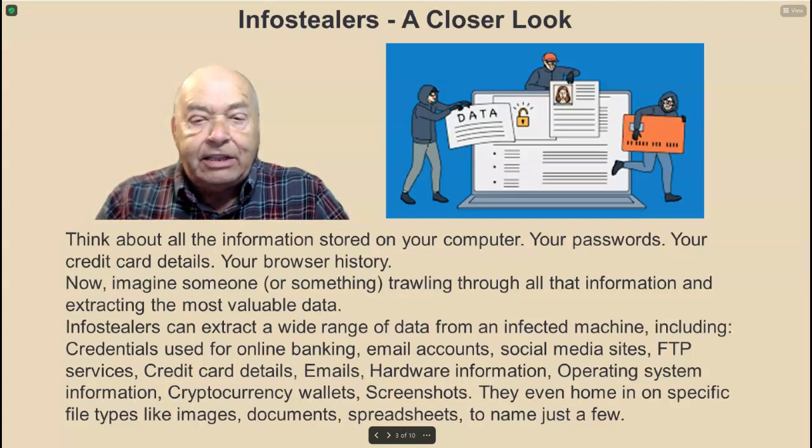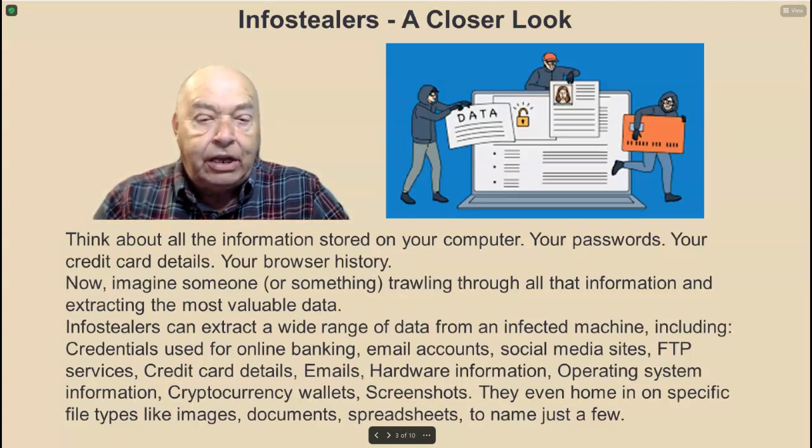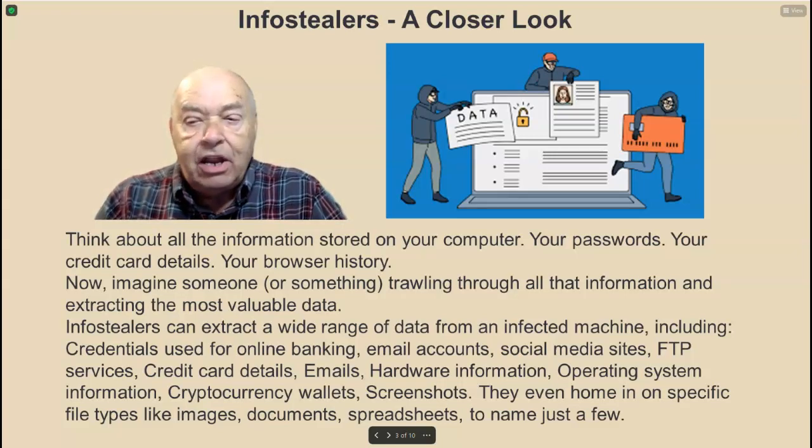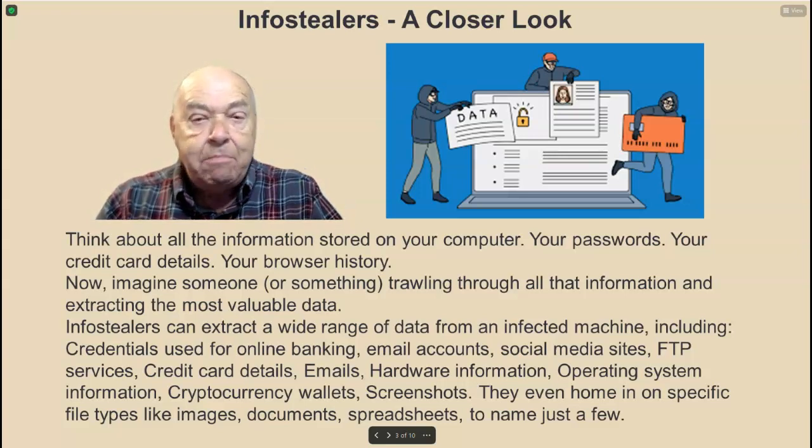Infostealers can extract a wide range of data from an infected machine, including credentials used for online banking, email accounts, social media sites, FTP services, credit card details, emails, hardware information, operating system information, cryptocurrency wallets, screenshots. They even home in on specific file types like images, documents, spreadsheets, just to name a few.